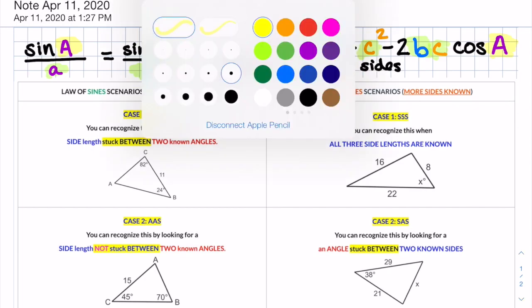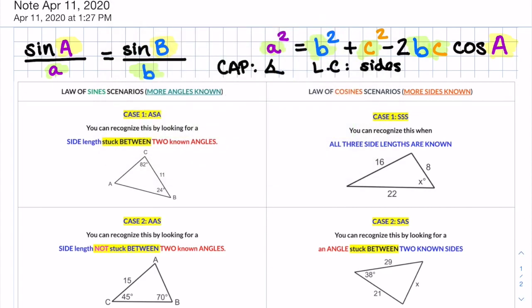So the first thing that I put in this table you can find in Canvas. I made its own little page. I just screenshot it to show you. So we're noticing in the sines case that we can use the sine law whenever we have knowledge of more angles.